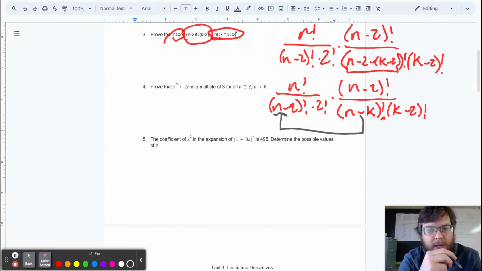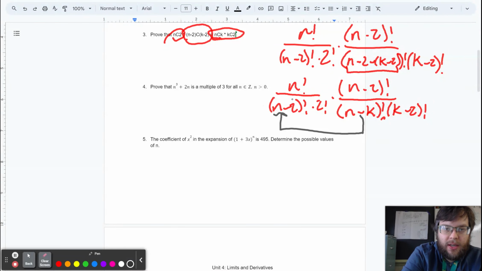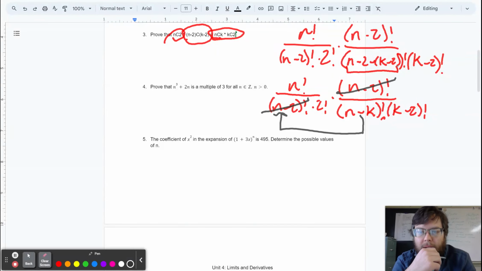And then the other one that I want is k choose 2. Well, I noticed that I actually have an n minus 2 factorial on both pieces that can cancel out. And so what I need is somehow to make this into k choose 2. So let's write down where we're at so far.